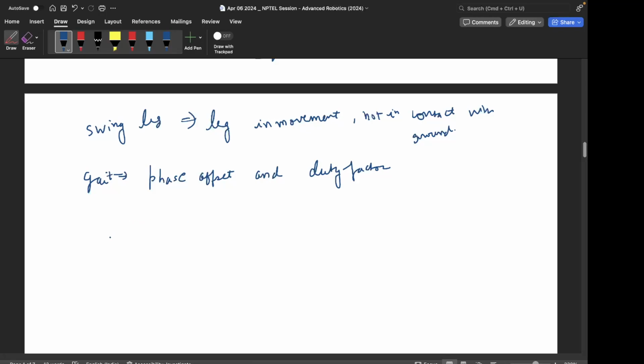First is phase offset, let me describe that. Let us define a term called stride. One stride means that all legs have moved once.